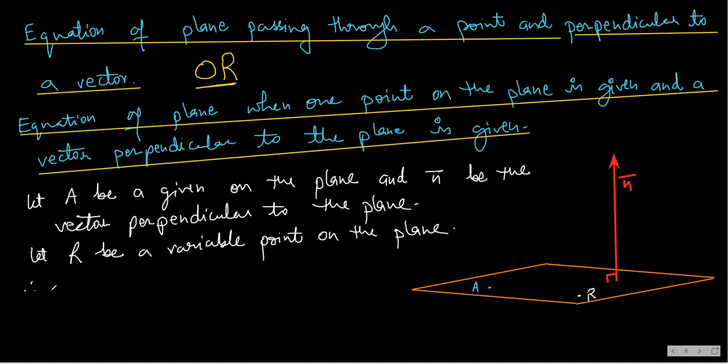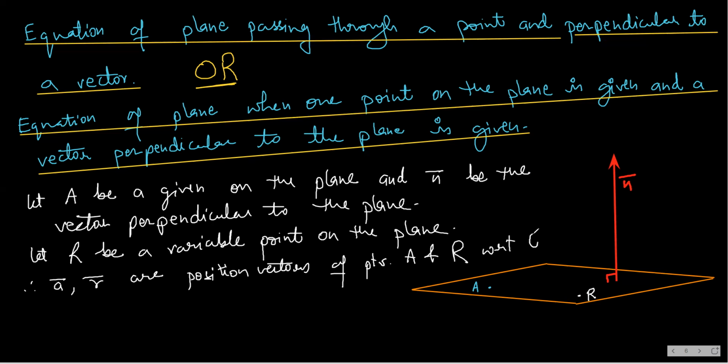So what will happen? Therefore, A bar, R bar are position vectors. They are the position vectors of points A and R with respect to the origin O. Got that?